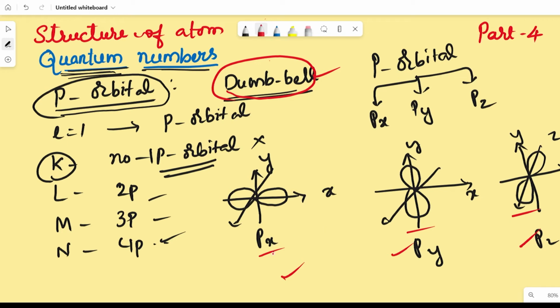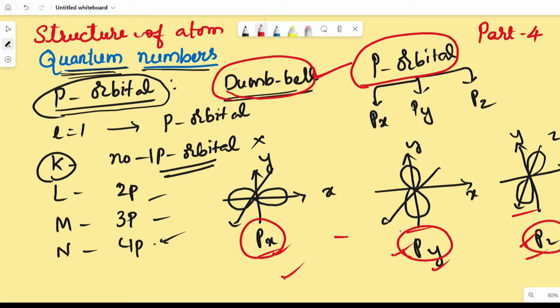So that is why the px, py, pz orbitals form. All p orbitals have the same shape, dumbbell shape, and px, py, pz all have equal energy. So that is why these orbitals are called degenerate orbitals. Very important points.